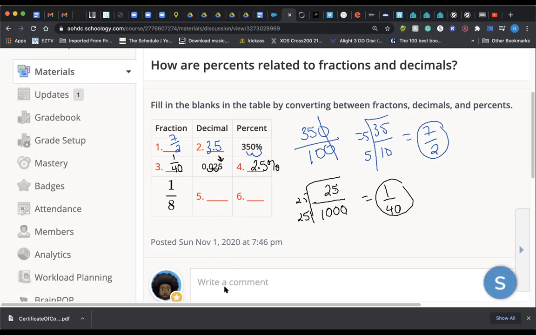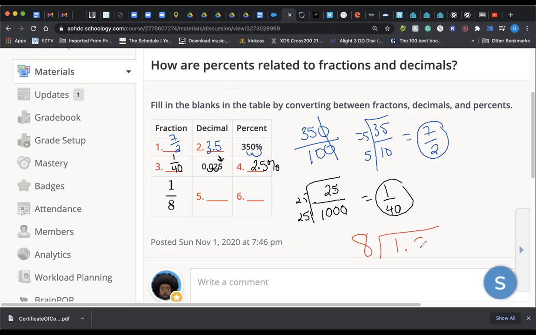All right, and last but not least, we have a fraction, and we have to change that into both a decimal and a percent. How do I turn a fraction into a decimal? What is a fraction? A fraction is a symbol of division, right? So I'm just going to divide. Divide 8 into 1. That would be 10 though.